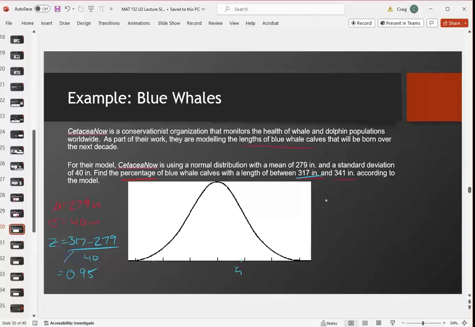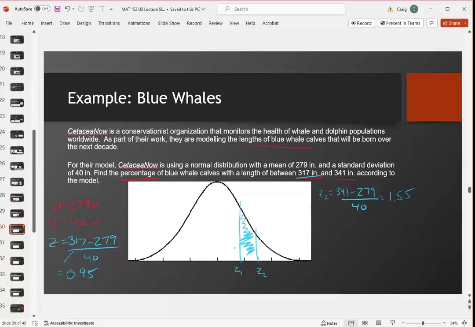And then for the second value, 341 minus 279 divided by 40. And so our X value minus the mean divided by the standard deviation. And we get 1.55. And so these are the two boundaries that we're interested in.